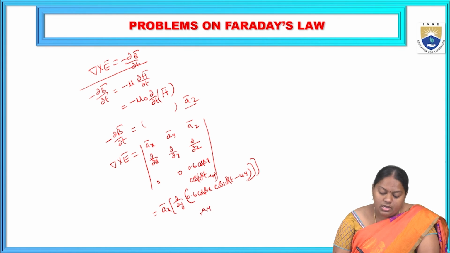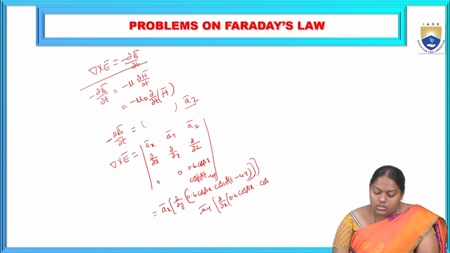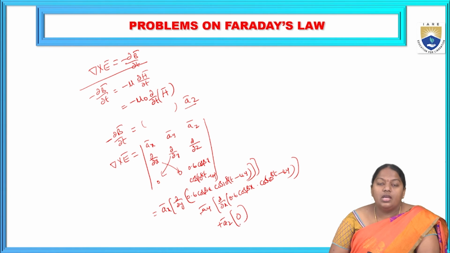Then minus ay into, if you consider the first row and second column, ∂/∂x of again 0.6 cos βx into cos(10^8 t − 4y), then ∂/∂z of this value becomes 0. Then plus az into, first row and third column, the determinant between these two becomes 0. Like this, you are going to evaluate the value of del cross E bar.